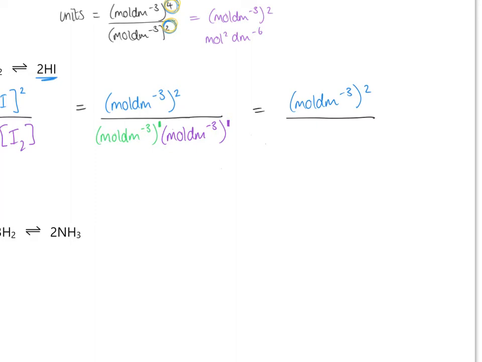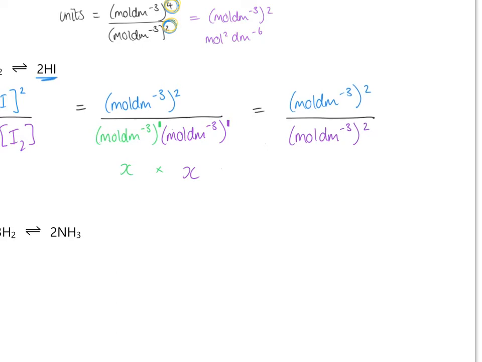So when we're simplifying this down, it's going to be 1 plus 1, which is 2, when we're multiplying our terms. Again, that's just like saying x times x, which is obviously going to be x squared. So we're going to have moles per decimeter cubed to the power of 2 on our bottom half as well.